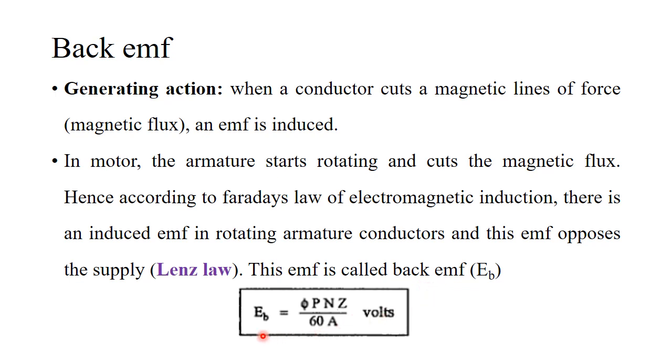It is given by the equation Eb = ΦPNZ/60A. This equation is the EMF equation for a DC generator, and that is called back EMF in a DC motor.